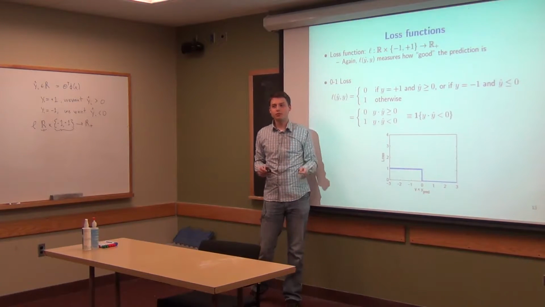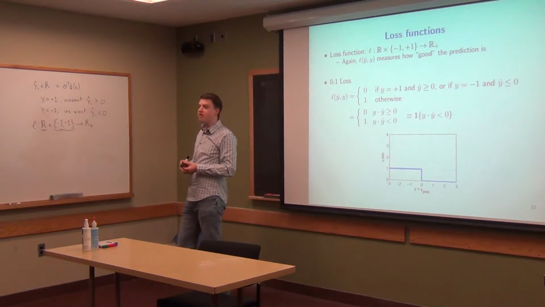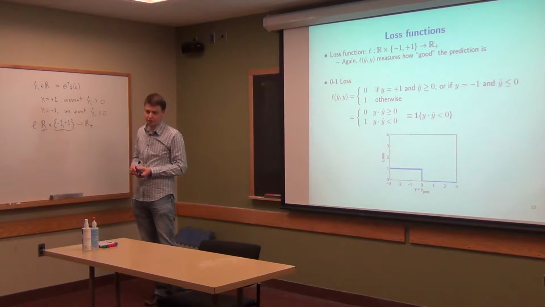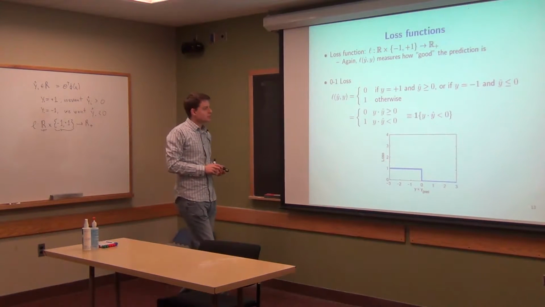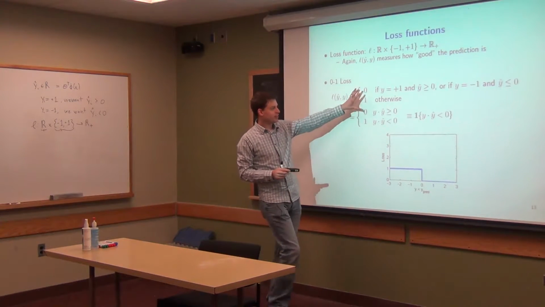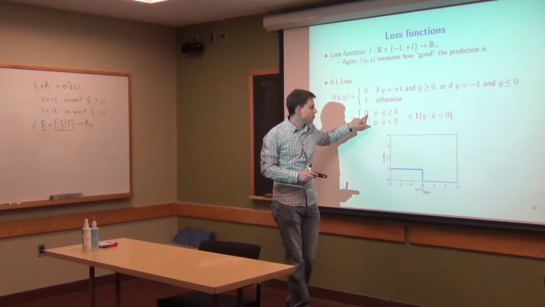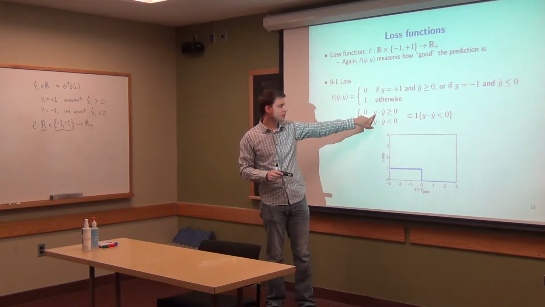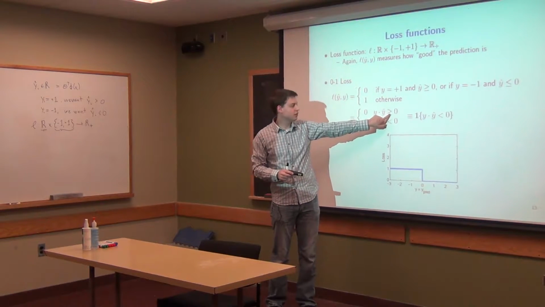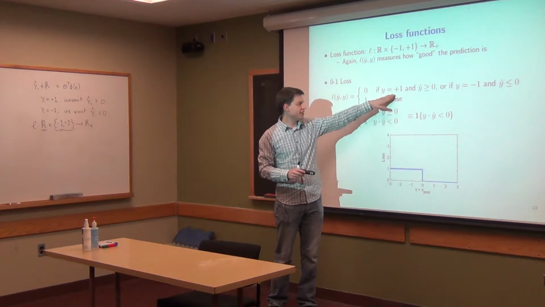Okay, so now it's often convenient to write this in a slightly different form. I'm just going to write this exact same thing. It's equal to 0 if the product of the true label and our prediction is greater than 0. And that will be the case here and there, right?